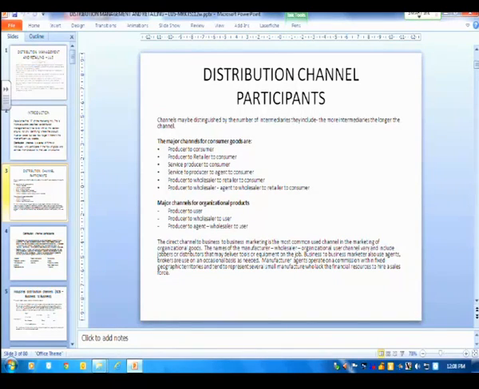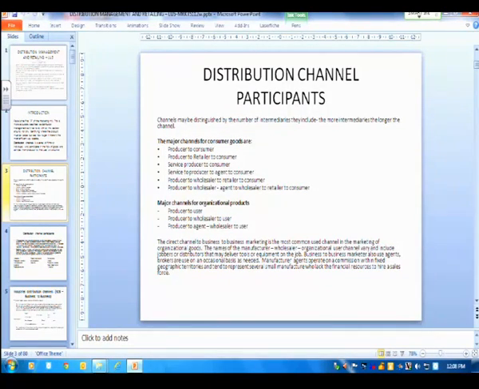Major channels for organizational products: 1, producer to user; producer to wholesaler to user; producer to agent, wholesaler to user.